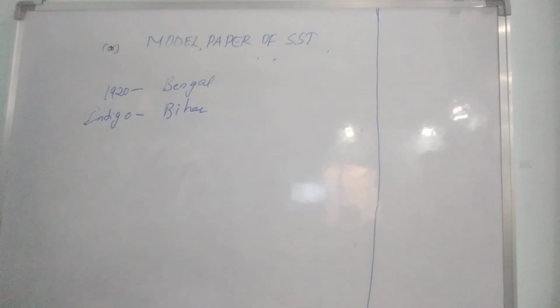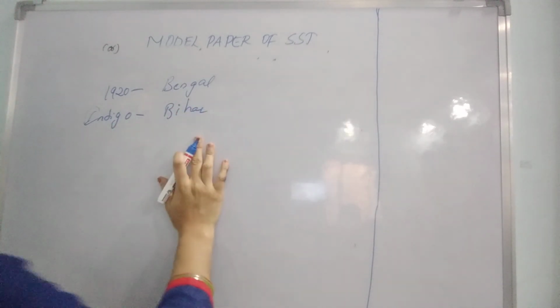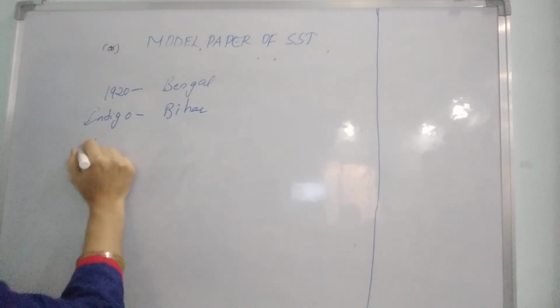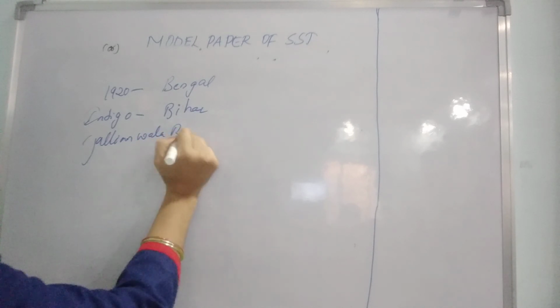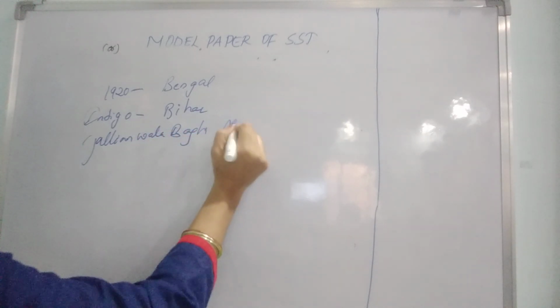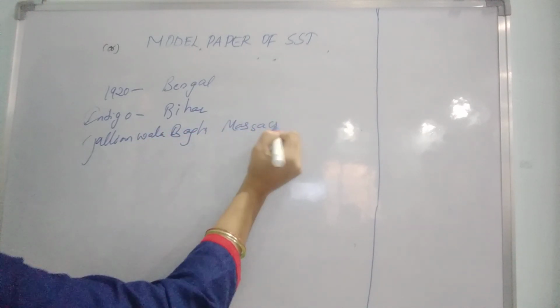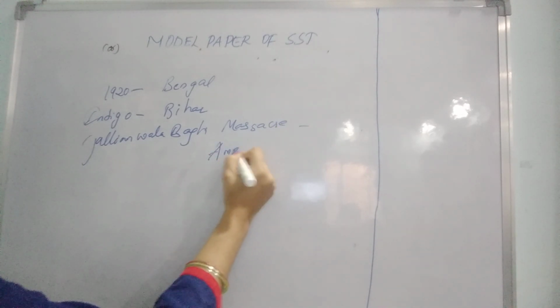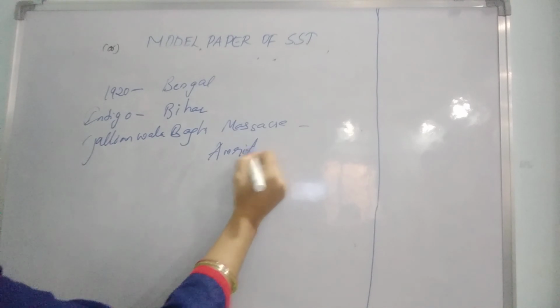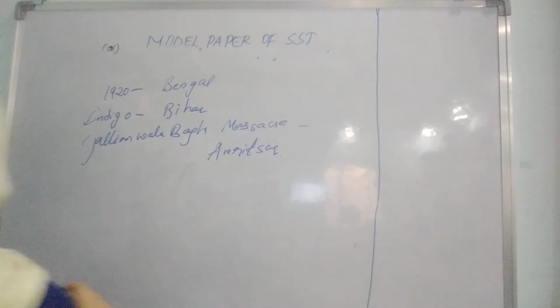And name the state where the Jallianwala Bagh massacre occurred. Amritsar. Okay.